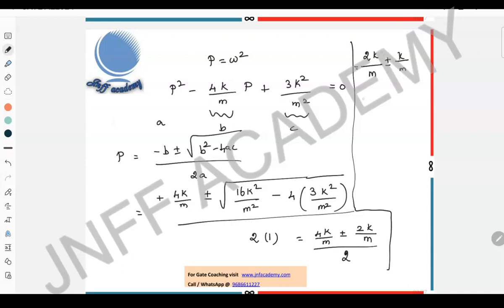Okay. So first, omega 1 I want. So I will take the positive. 3k will come, right? So I have to consider everything under the root because I assumed omega square as p. So if I take positive 3k by m, then omega 2 is 2 minus 1, so root of k by m.